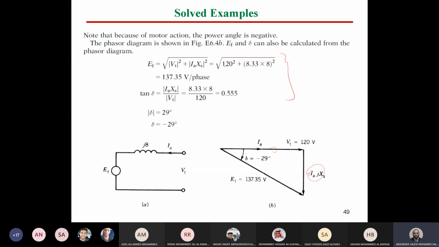So simply EF is the square root of V terminal squared plus (IAXS) squared. Then you can calculate delta based on the values you have. Delta equals tan inverse of IAXS, this side, divided by V terminal, that side. So we can get the value of delta this way. Okay? It's a different way, using the triangle we have here.